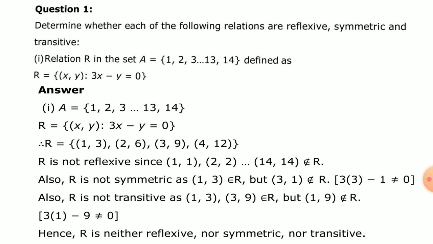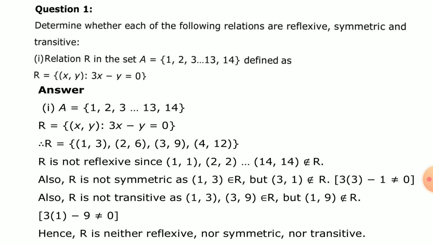So let x equal to 1, then y is equal to 3. X equal to 2, so y is equal to 6. X equal to 3, so y is equal to 9, and x equal to 4, so y is equal to 12. So relation R is equal to {(1, 3), (2, 6), (3, 9), (4, 12)}.